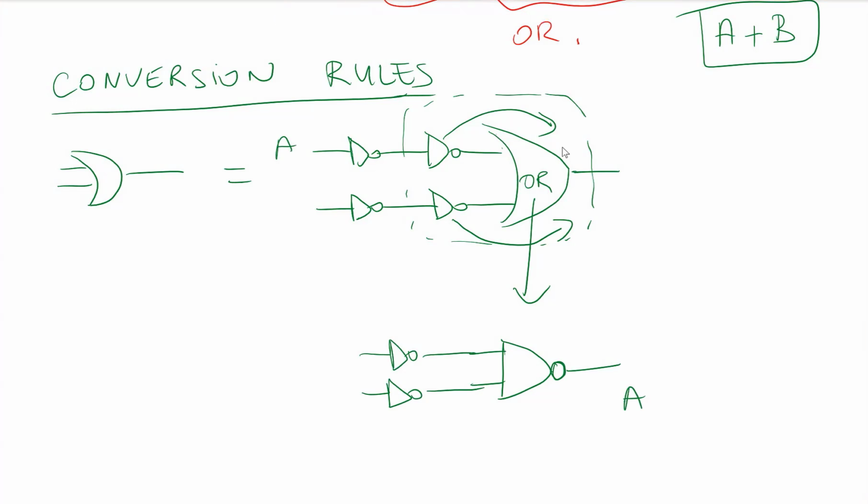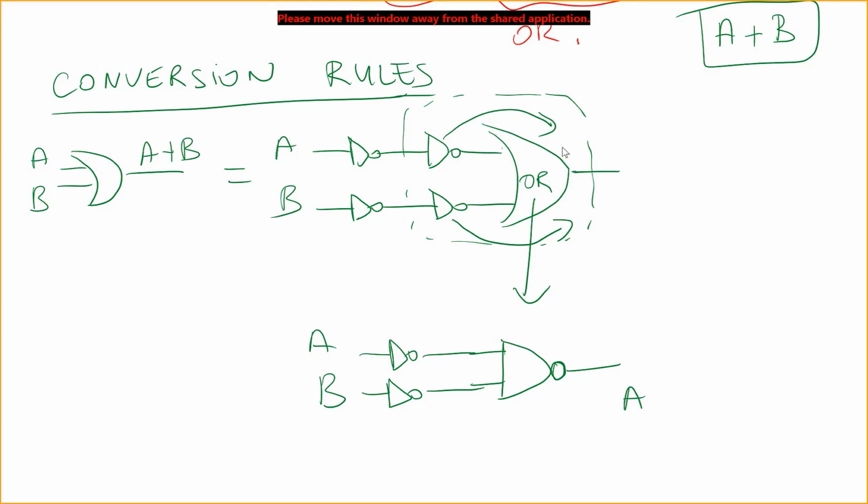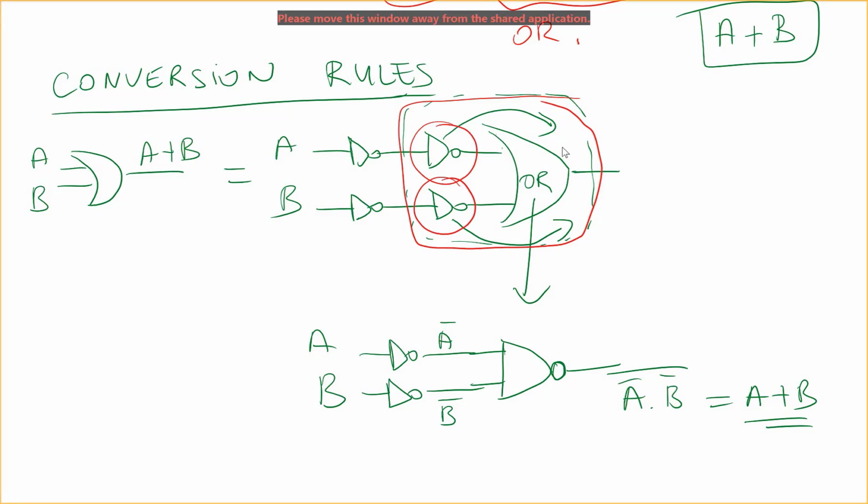If this is A and B, A, B, A or B, so this is A, B. So what we got here is A naught, B naught, and naught of it, and this is A or B. So what we have seen is, if we have inverters or NOT gates at the input, and we carry them to the output, then the OR gate becomes an AND gate, and we will have a NOT gate at the output.